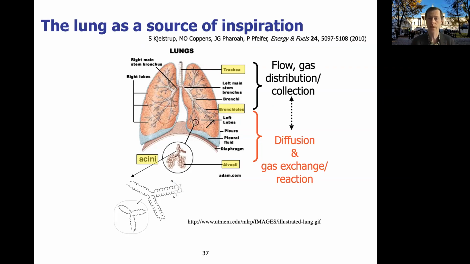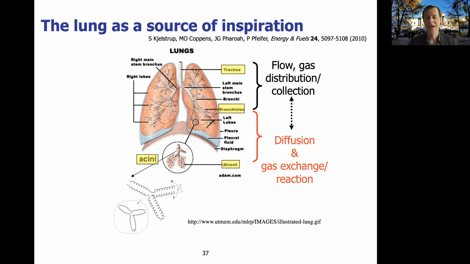And at some moment, they become so narrow that the pressure drop would become too high and diffusion sets in. And the structure becomes very uniform, like grapes on a vine in the acinus. And that's where you have exchange with the bloodstream. Now, there's a lot one can say about the lung. So it's scalable, right? It's fractal, similarly scalable to be able to do this and to grow just like we grow.